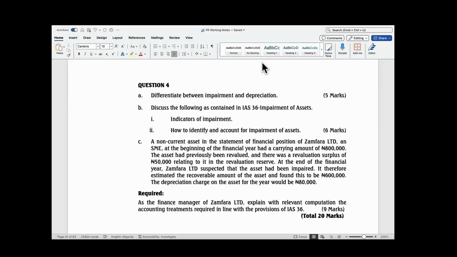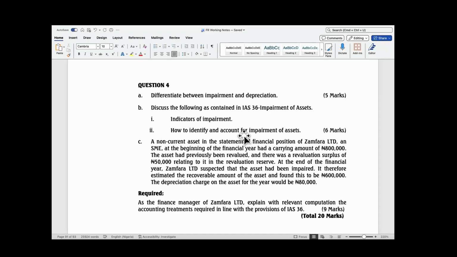Yeah. Hello, sir. I just want to try based on my own knowledge. Knowing fully well that depreciation is the systematic way of allocating the depreciable value of an asset over the useful life, while impairment is loss in the worth of an asset within the measurement period.